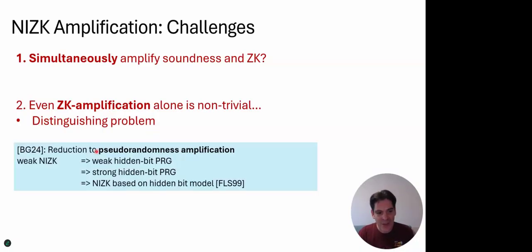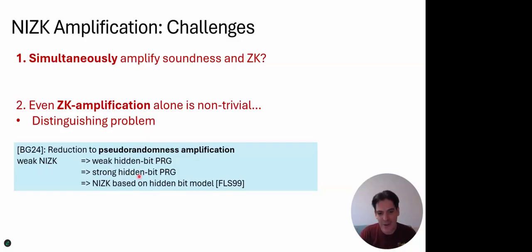So Bitansky et al. had the following clever idea. They show that this problem reduces to the problem of pseudo-randomness amplification. They use the weak NISQ in order to realize some sort of weak pseudo-random generator with an extra hidden bit property. Let me ignore it for a second. Then they use the standard amplification tools of pseudo-randomness, like extractors, in order to get a strong PRG with this, again, additional property.